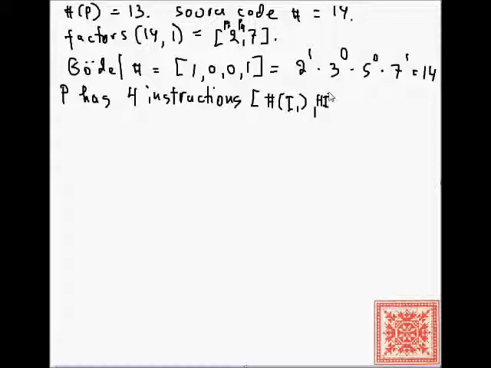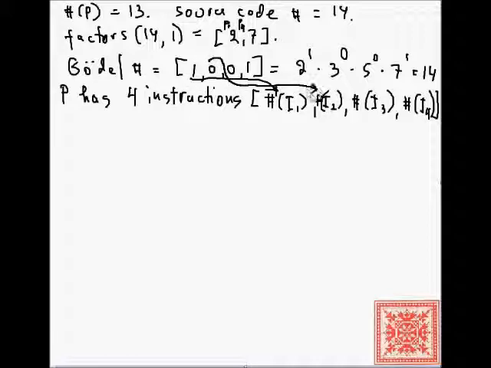Remember we talked about the length of the natural number, so the length of 14 is 4, right? So the length of the program P in this case is 4. It means there are 4 instructions, and the prime powers encode their numbers.